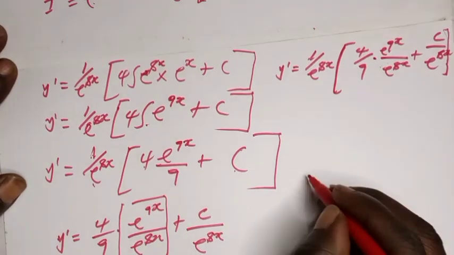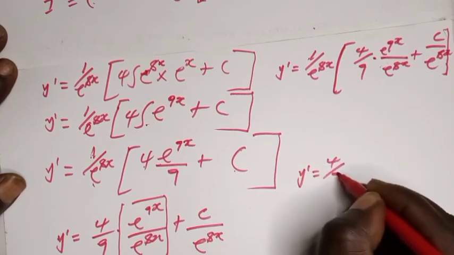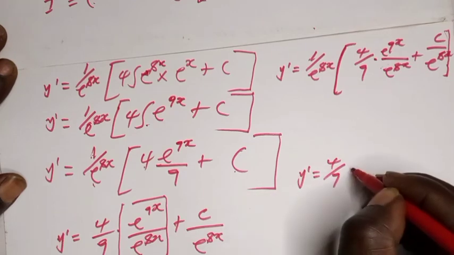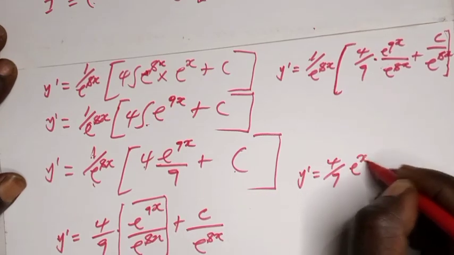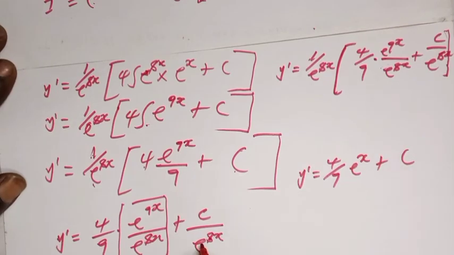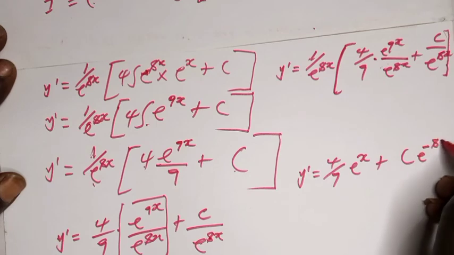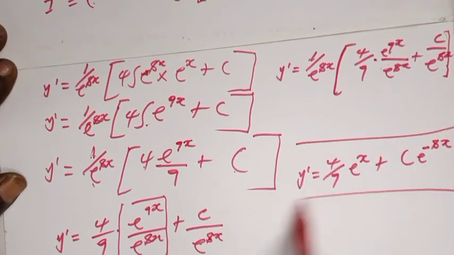So it will be y equals 4 over 9 e power x plus c. It is in positive, so let's take it into negative, then it will be e power negative 8x. So this is the final answer.